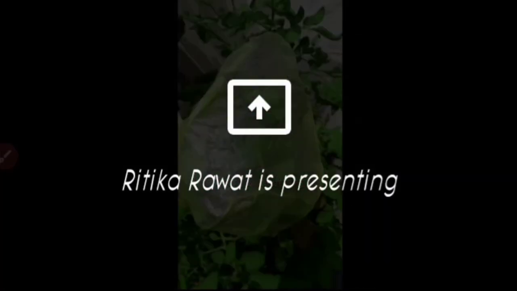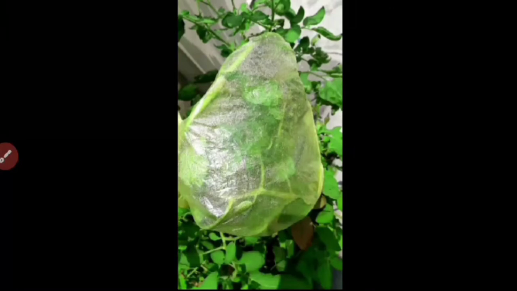So right now, during this call, I cannot zoom it in. So after this class, I'll just make a video on this. But after zooming it in, you can see the small water droplets present inside of the polythene.